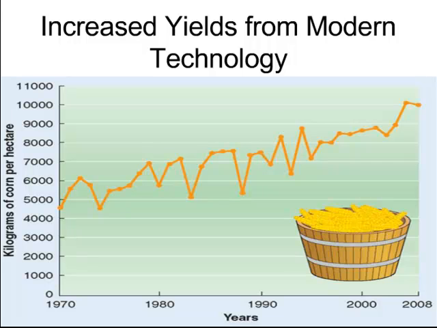So when we look at our modern history, we see an ever increasing yield per acre of land of farm used to produce food. So this modern technology, often called the Green Revolution, has led to a bumper crop year after year. So our ability to provide food for our population is really unmatched.